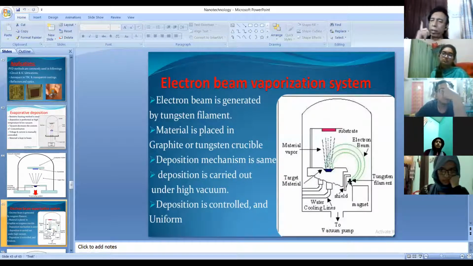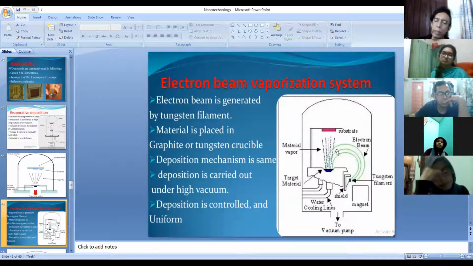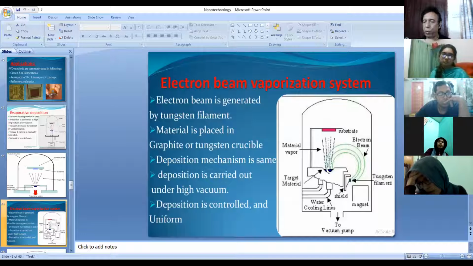From the electron gun, we will produce some electrons and hit them on the target material. The target material, say for example, is aluminum.